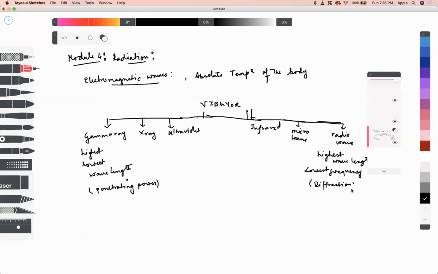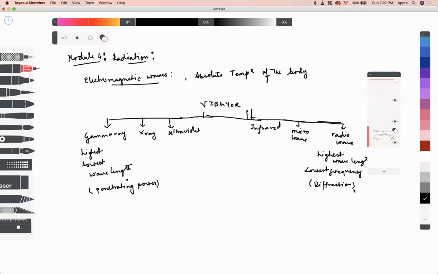That means if you want to send a signal and there's a mountain in front of you, then these waves can bend around the mountain and reach the other side. That is why they are called radio waves. So they can diffract very easily because of their high wavelength.